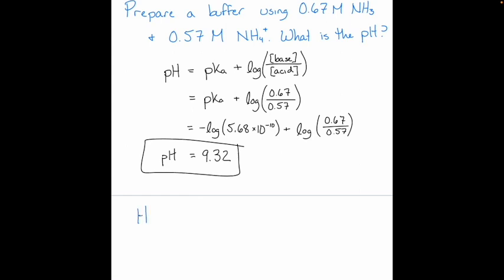Okay, so now we're going to say HCl is added, 0.1 molar. What is the pH of my solution now?